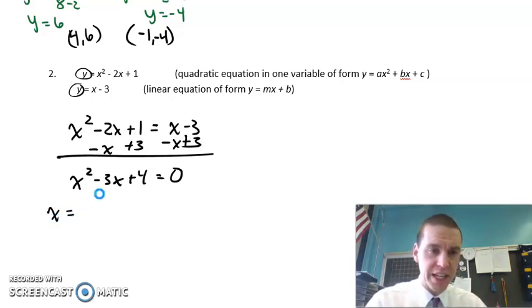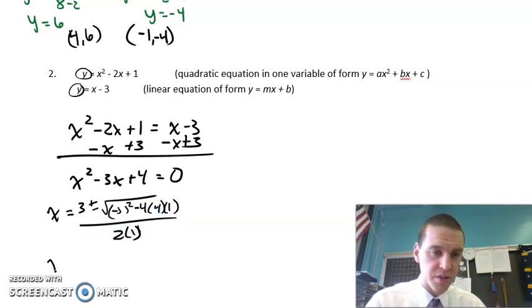So x equals negative b, 3 plus or minus the square root of b squared minus 4 times 1, all over 2 times 1. I did switch the a and c here. So we're going to get x equals, pause it if I'm going too fast.